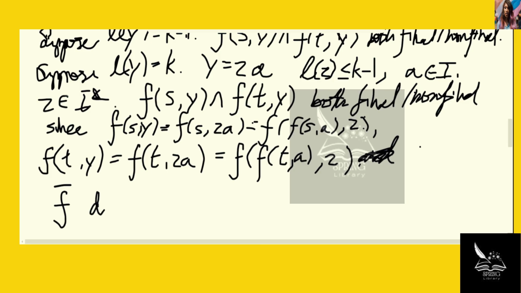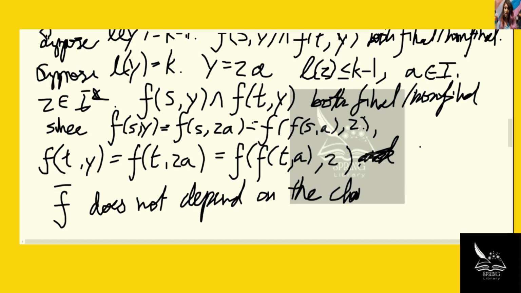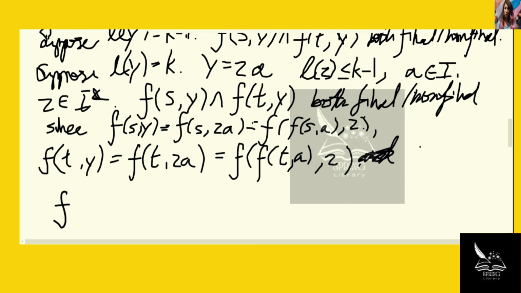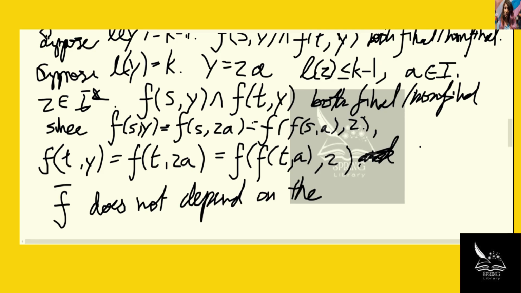So it follows that s is k related to t if and only if s is k minus 1 related to t, and f of sa is k minus 1 related to f of ta for all inputs a. Therefore, we're asked to conclude that the transition function f bar is well defined.